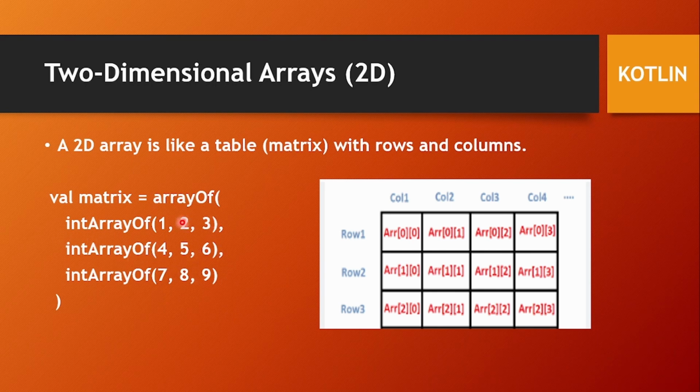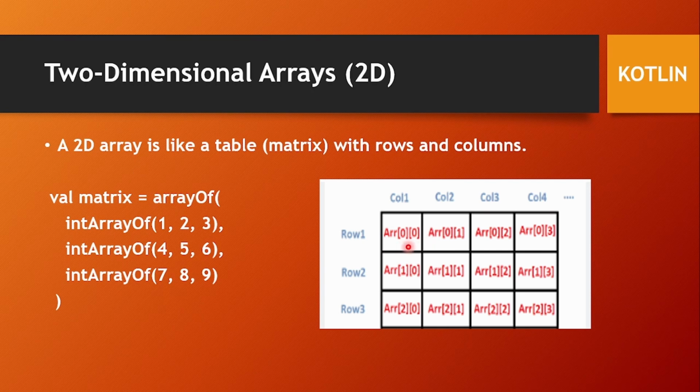This array will be inside of this array, so it will be a nested array, one array inside of another array, a combination of rows and columns. As you can see in this example, we have 3 rows and 4 columns. It is a matrix shape representation.